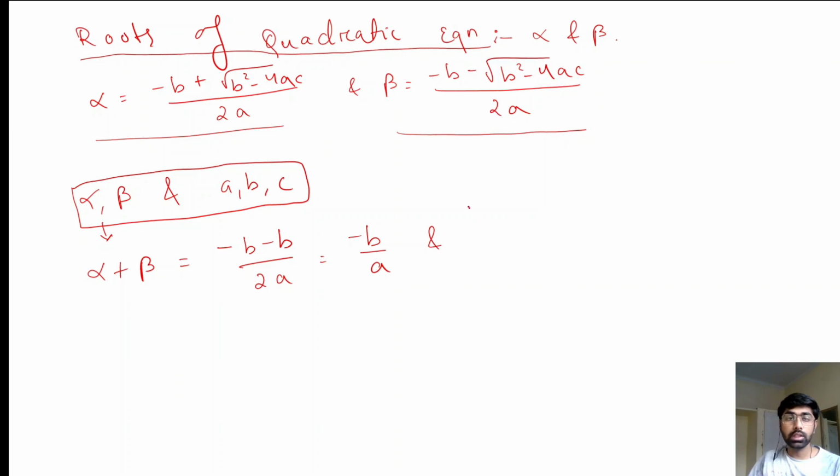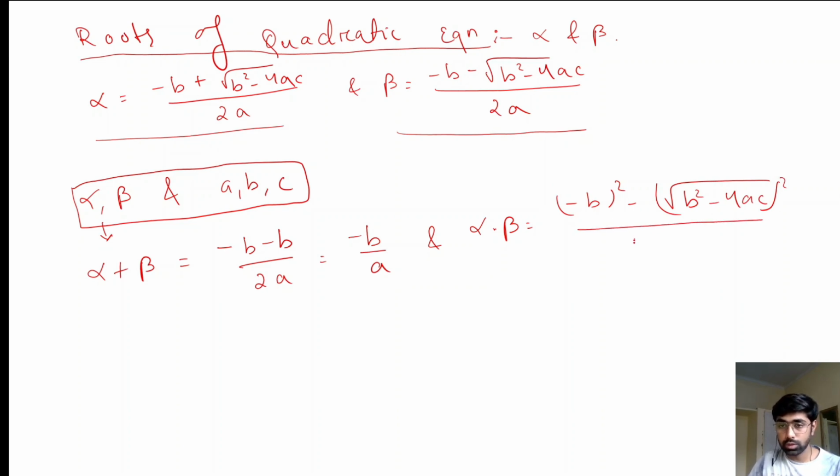And by multiplying alpha and beta, we get minus b square minus root over of b square minus 4ac, whole square, upon 2a into 2a, which will be equal to b square minus b square plus 4ac upon 4a into a.